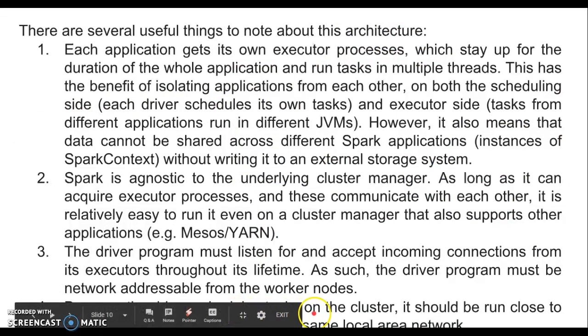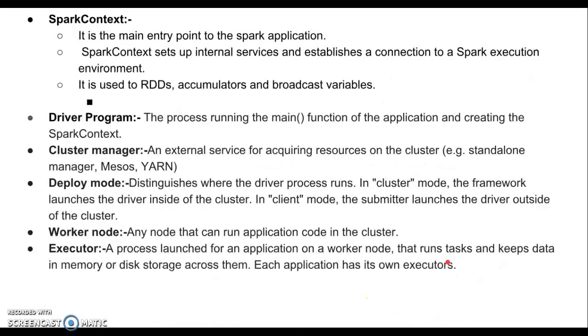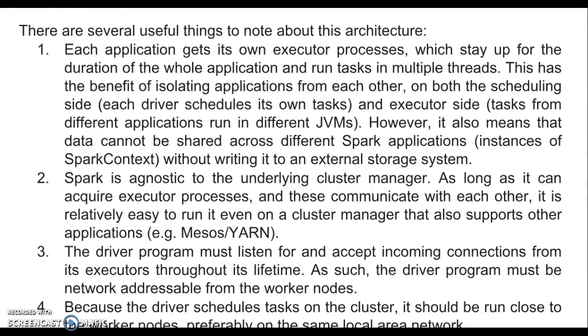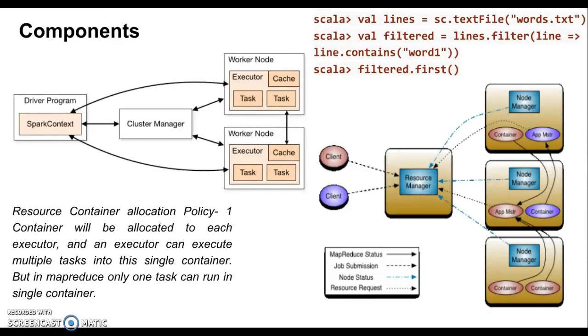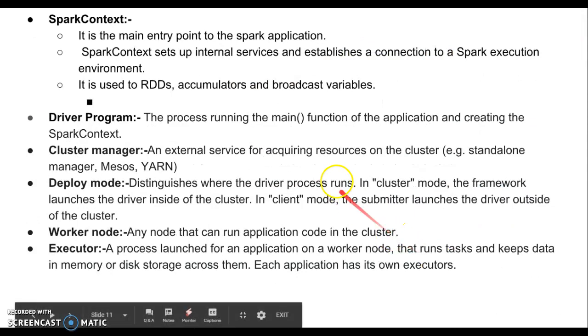Because the driver schedules tasks on the cluster, it should run close to the worker nodes, preferably on the same node. So I am going to stop here because it was the component diagram, and in the next video I will discuss all the components and how they actually work.